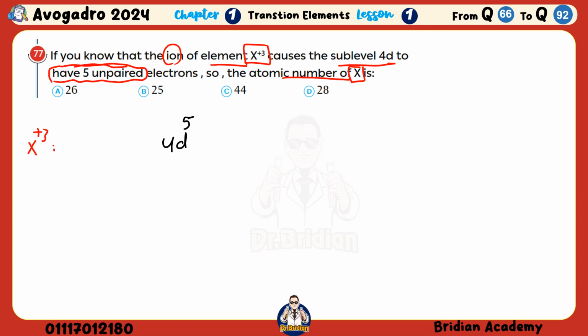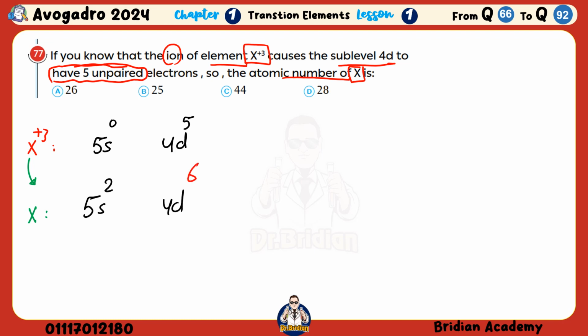When you talk about ions of main transition elements, 5s will be 0. He asked about the atomic number for X in its atomic state, so return 3 electrons back to its sublevels. 5s will take 2 electrons, then 4d will take the last electron, so the number of electrons in d sublevel will be 6.